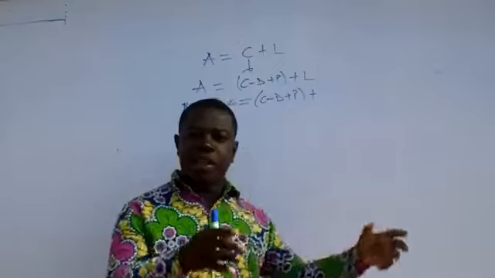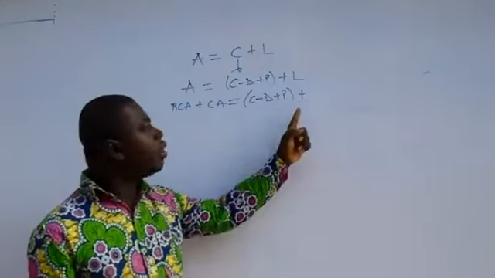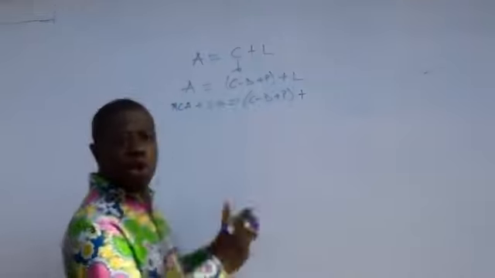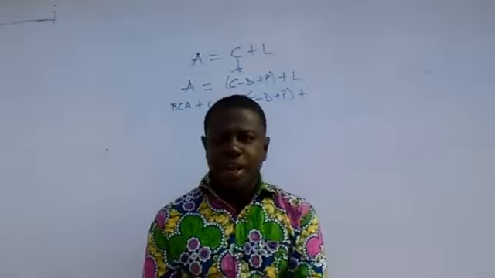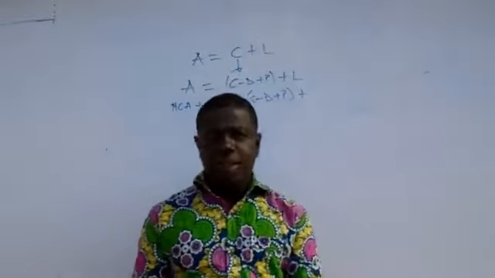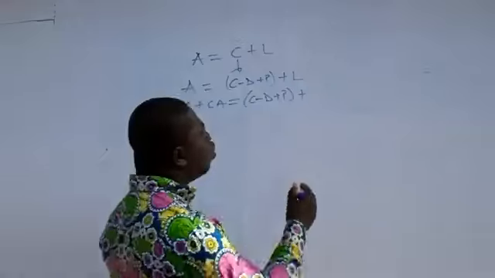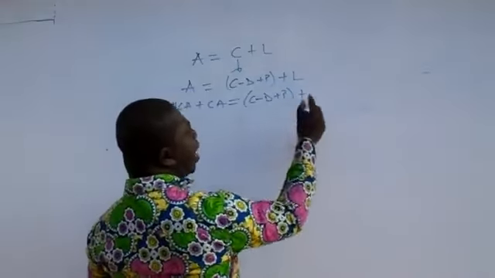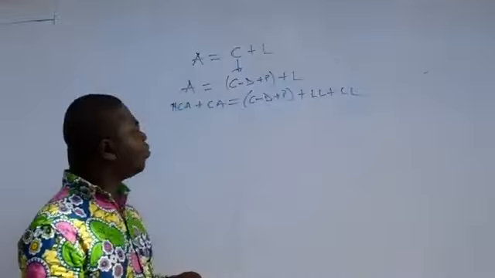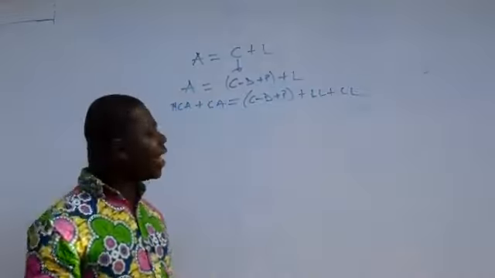The non-current liability is the long-term liability. So when we get to the liability side, we split the liabilities into non-current liabilities and current liabilities. So I will say plus my long-term liability and my current liability. So this is an expansion.